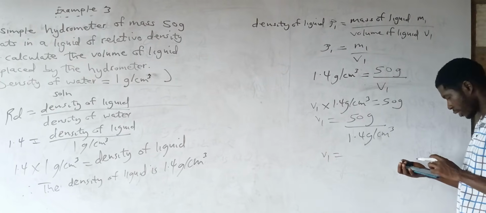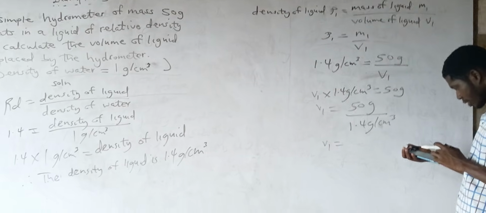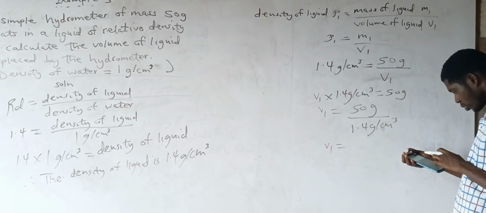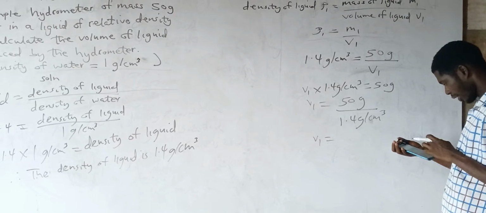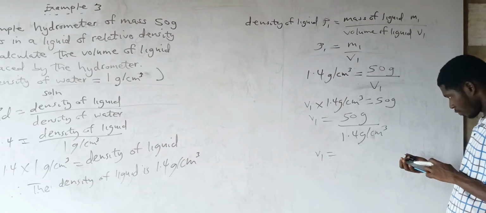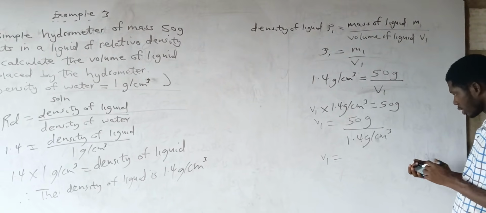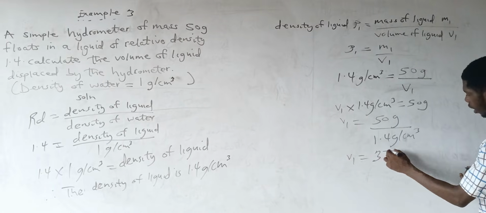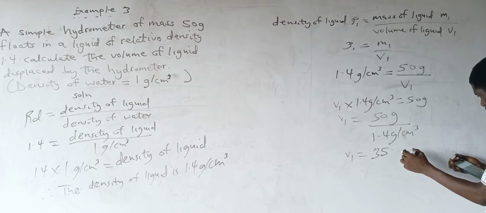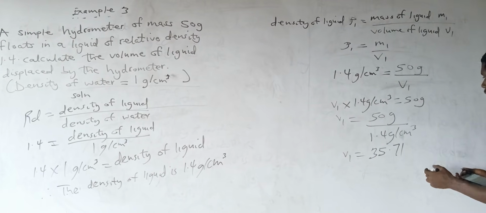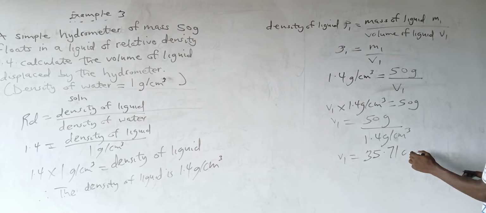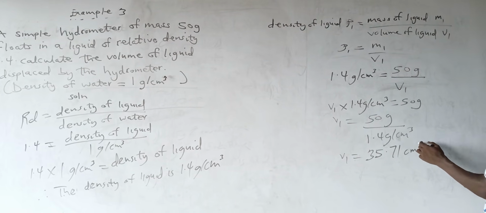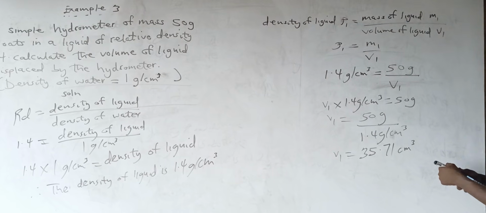So let me use my calculator. 50 divided by 1.4 is 35.71. Then you get what? Centimeters cube, right? Yes.